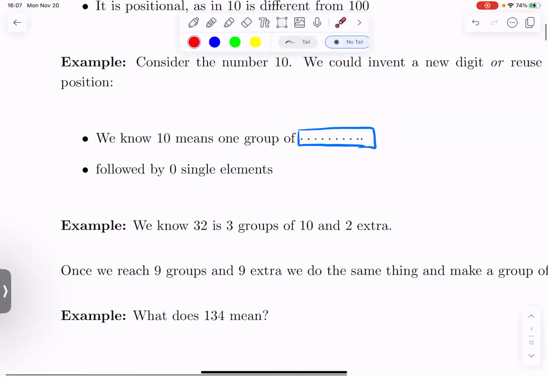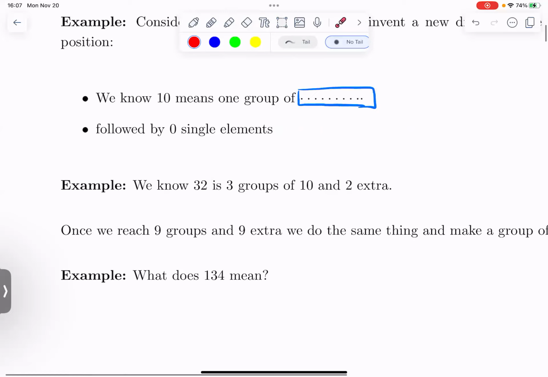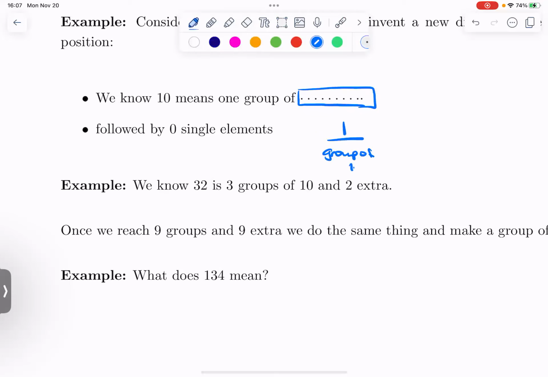But I think we can all get on board that 10 is one group of 10 and 0 single elements, right? So what does that look like? That looks like one group of 10 and 0 single elements. That's where the 10 came from.